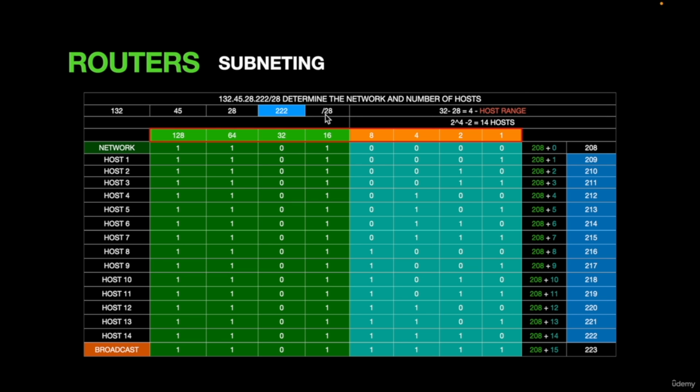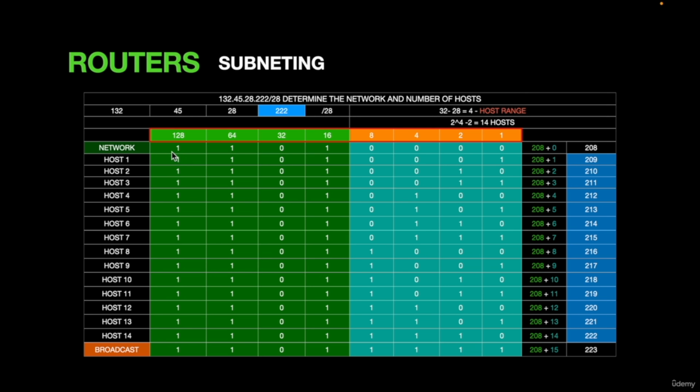Since we have a mask of 28, we know that from the last octet, the first 4 bits will be frozen, and the last 4 bits will be dynamic, let's say. In order to figure out the network address, we'll start activating the bits here to reach a number which is smaller than 222.